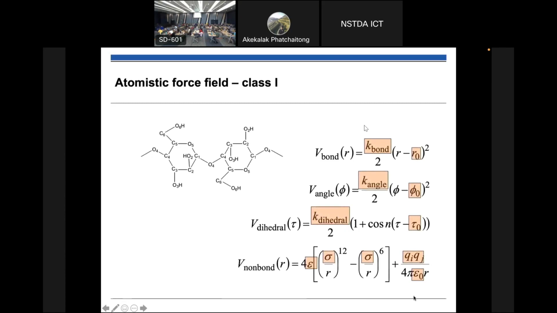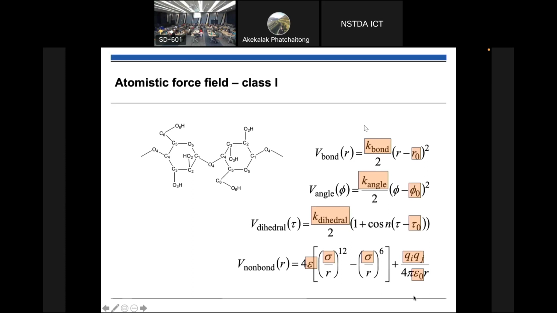That's the part from which you have to understand which parameters go into your simulations and how we are going to get these parameters. So if you see, this is a molecule. There are terms which are bond, terms which are angle, terms which are dihedral, and terms which are non-bonded interactions. We'll go one by one.